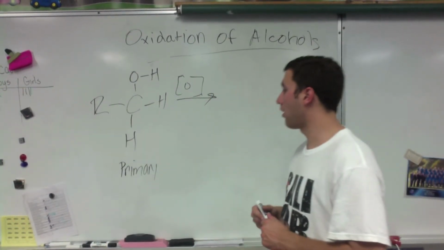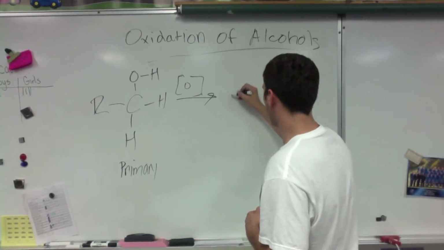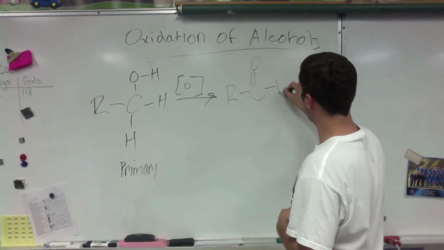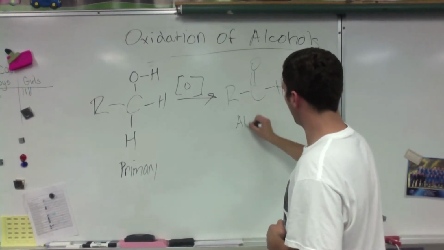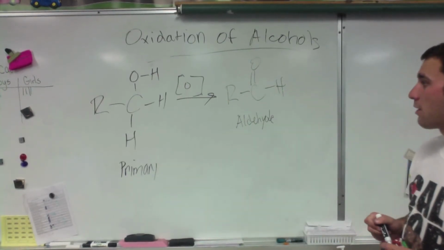When a primary alcohol is oxidized, it yields an aldehyde. And this is a basic form of an aldehyde.